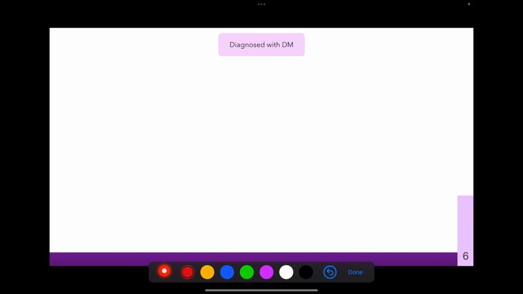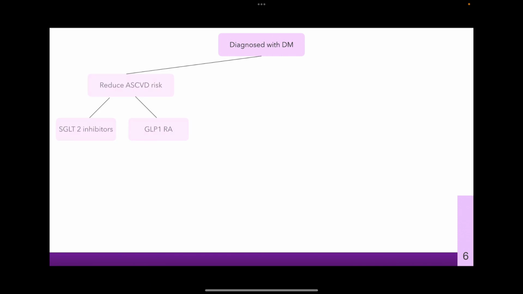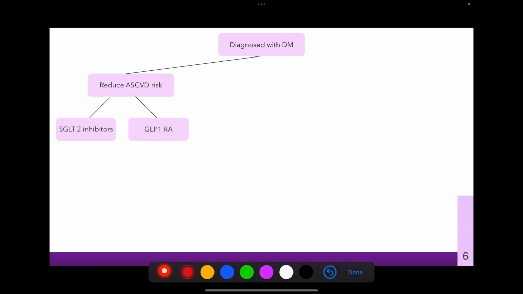Once the patient is diagnosed with diabetes mellitus, if your goal is to reduce the risk of atherosclerotic cardiovascular disease, there are two classes of antidiabetics which can actually help you in reducing the patient's ASCVD risk. In SGLT2 inhibitors, there are two drugs: first is canagliflozin and second is empagliflozin.